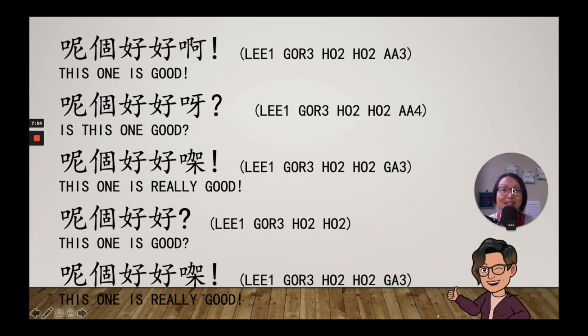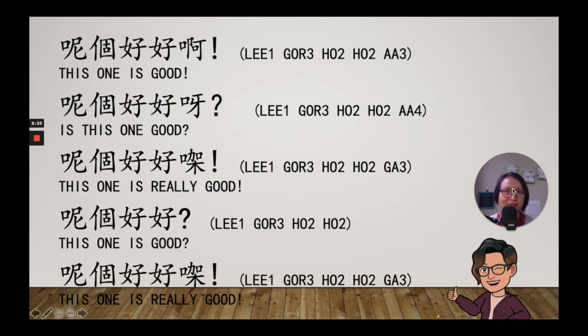呢個好好㗎，呢個好好㗎。And the giraffe is still not very sure, but this time he is not asking again 呢個好好啊。He is just raising the last 好. If you can hear it, 呢個好好，呢個好好。Sometimes when you have a statement, if you just raise your voice with the last word, that will become a question. Easy, right? So 呢個好好，呢個好好 is to say, oh, really?